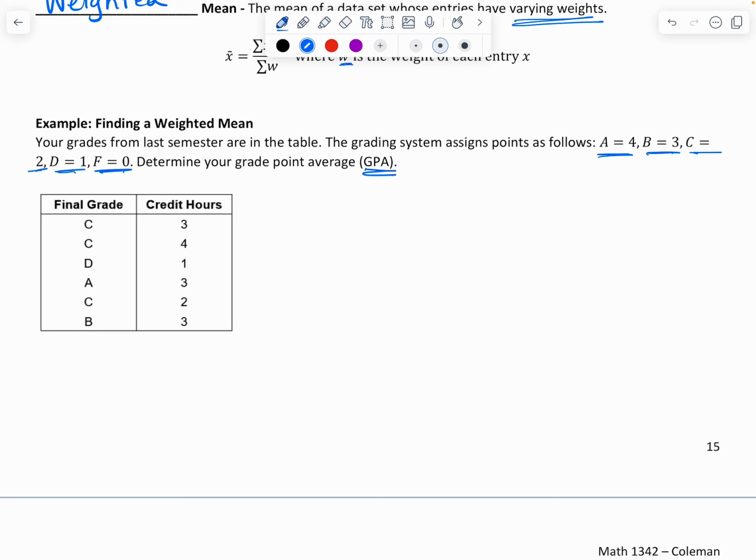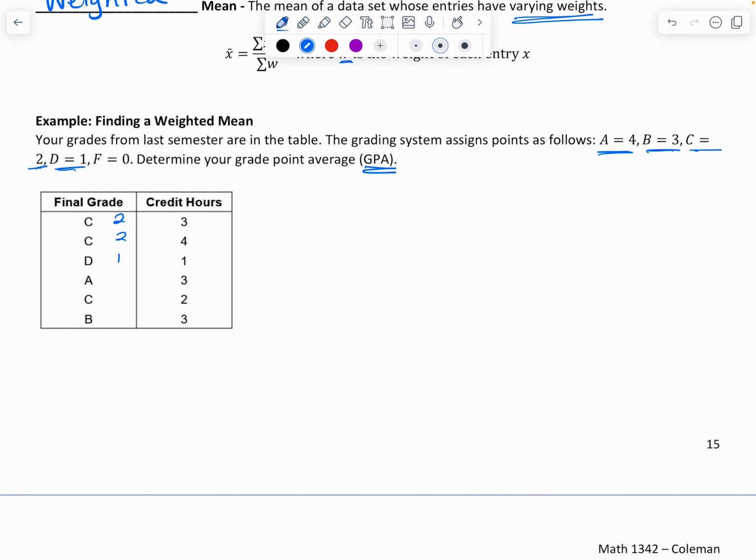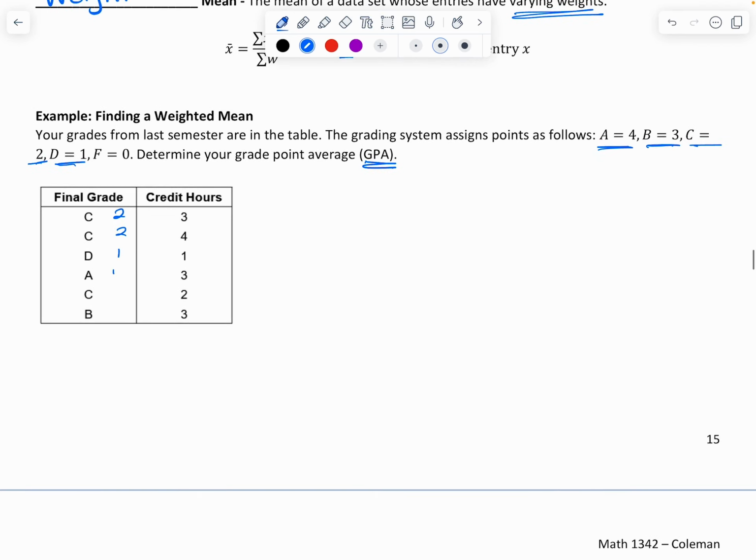So determine your grade point average. We're going to change the letter grades to their value. So a C is worth 2 points, a D is worth 1 point, an A is worth 4 points, C is worth 2, B is worth 3. The weight of the grade also is affected by the number of credit hours.